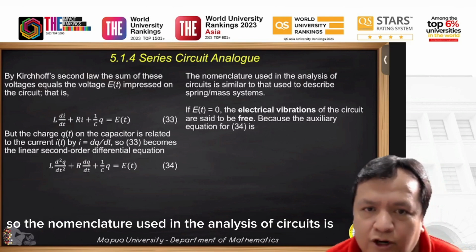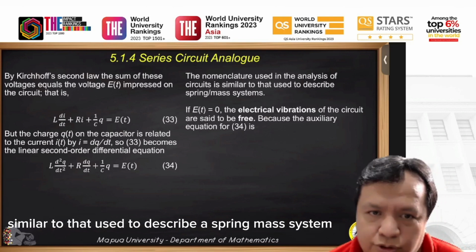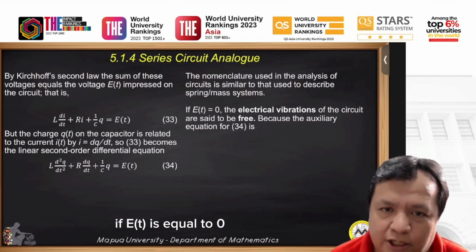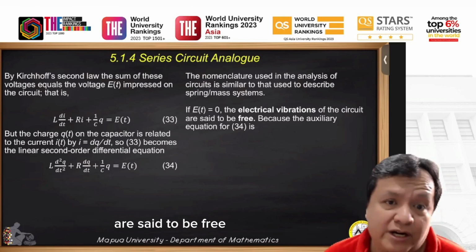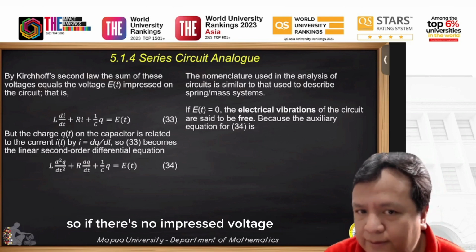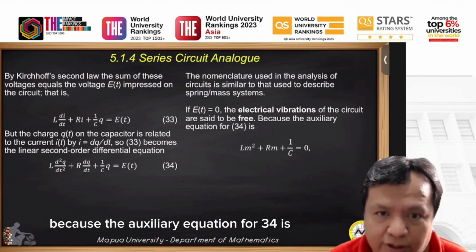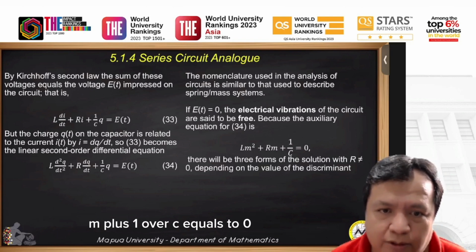The nomenclature used in the analysis of circuits is similar to that used to describe a spring mass system. If E of t is equal to 0, the electrical vibrations of the circuit are said to be free, that is, there is no impressed voltage. The auxiliary equation is Lm squared plus Rm plus 1 over C equal to 0.